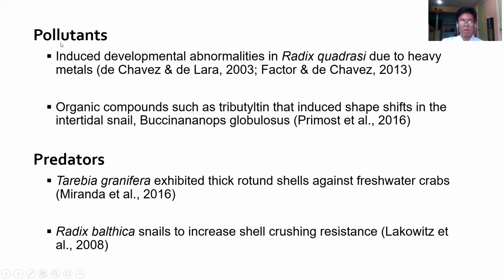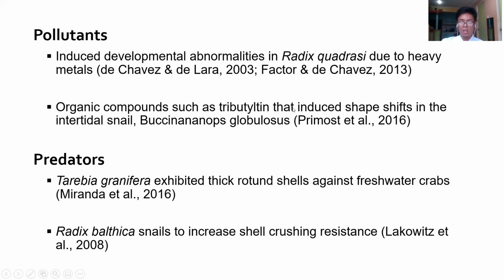And one is the presence of pollutants due to aquaculture, based on the study of De Chavez and De Lara and Falconer and De Chavez, which proved that heavy metals can in fact induce developmental abnormalities, both in terms of their shell and visceral mass. The presence of organic compounds as well, such as tributyltin, as I've mentioned.